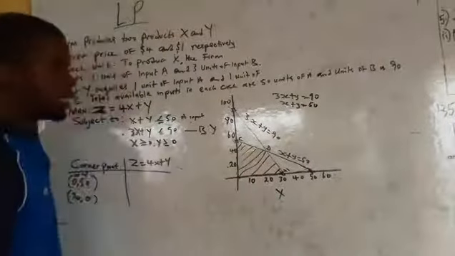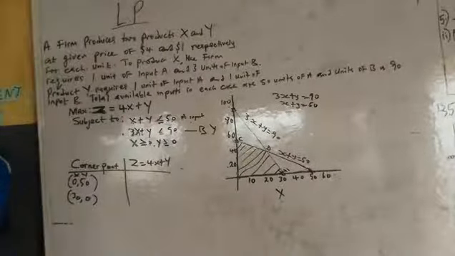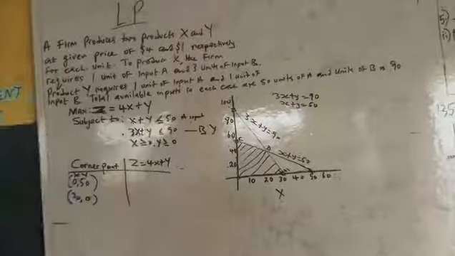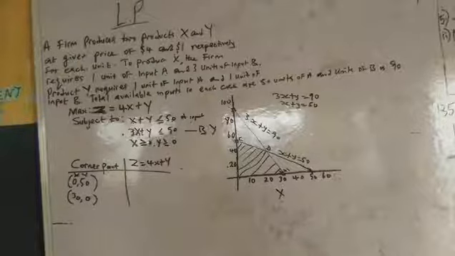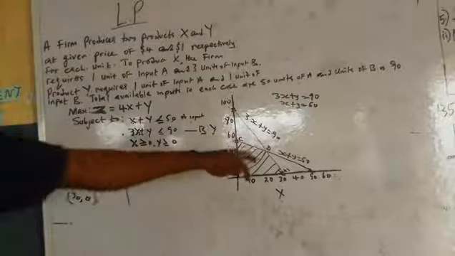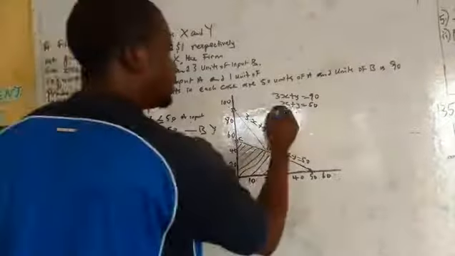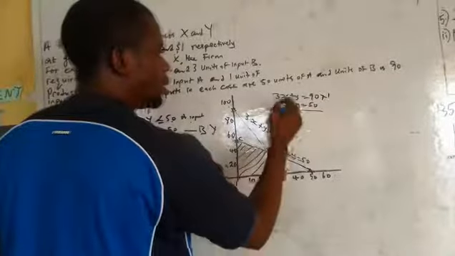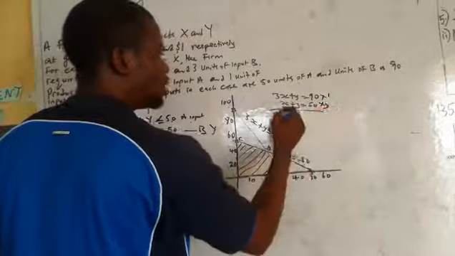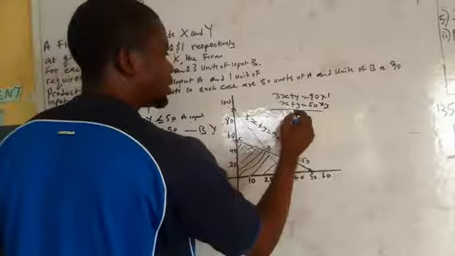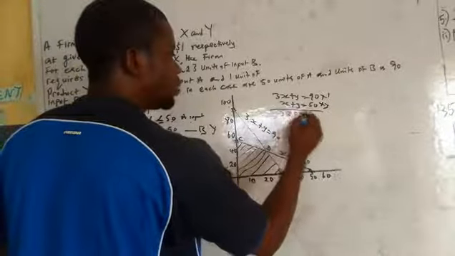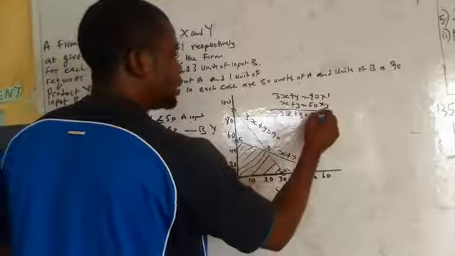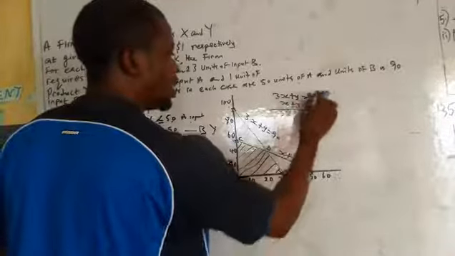I'm solving the simultaneous equation. Please look at what I'm doing very well. It's very simple. I'm using simultaneous equation to get my coordinate for this intersection. Multiply the first by 1 and the second by 3. 1 times 3x is 3x, 1 times y, 1 times 90 is 90.